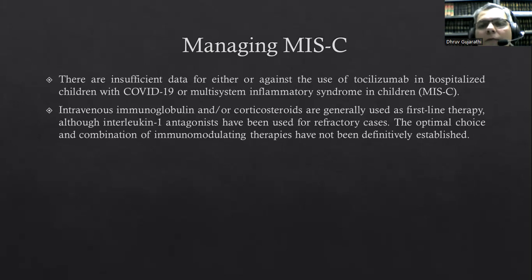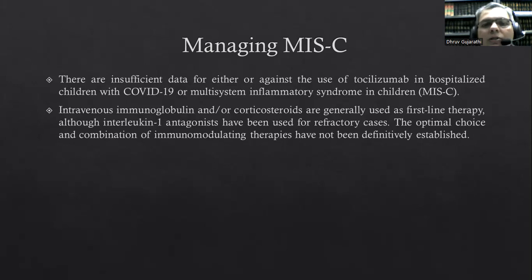The treatment for MISC is practically the same as that of COVID-19. Similarly, like COVID-19, for a patient with MISC one should not use tocilizumab in any case, even if the child is in MISC. Intravenous immunoglobulin and corticosteroids are generally used as the first line treatment along with NSAIDs like paracetamol, which is a very safe NSAID.